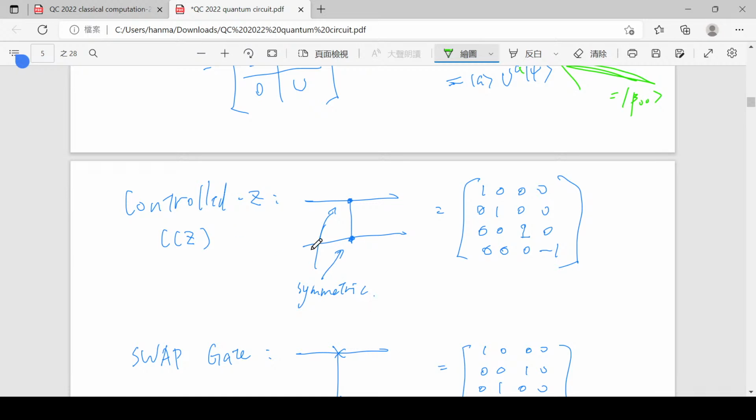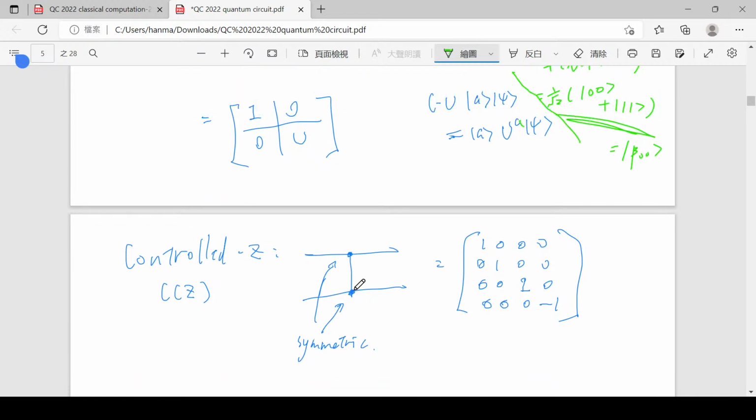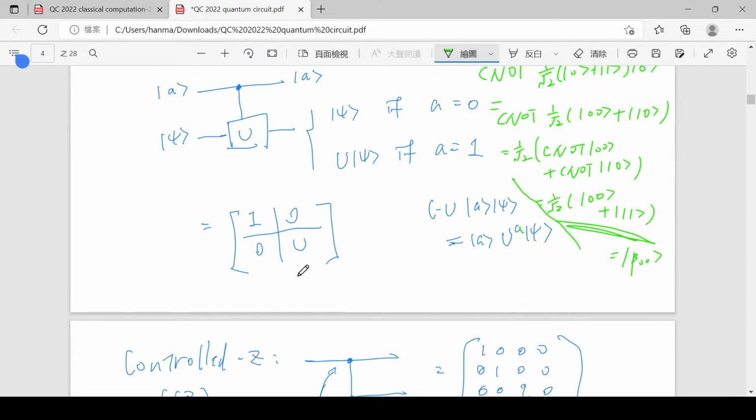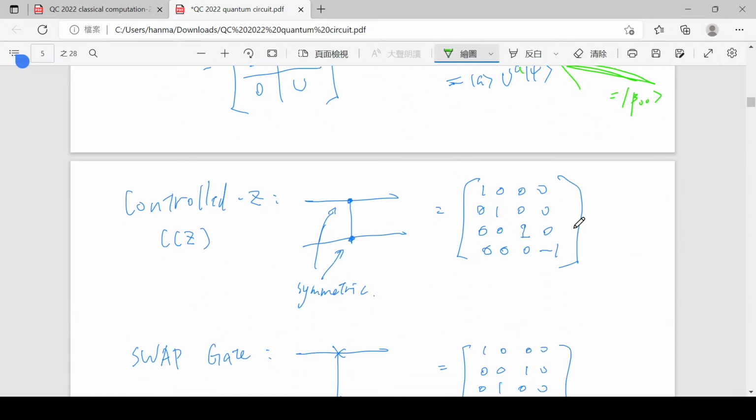Then you see that if you write it like this, you cannot see which one is the target qubit and which one is the control qubit. But that's okay, because if you write down the matrix, then you see that Control Z looks like 1, 1, 1, minus 1, and this is actually symmetric between the first qubit and second qubit.